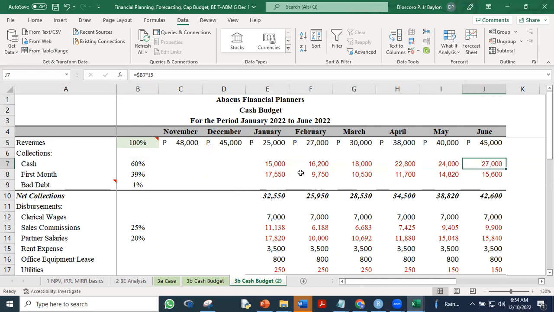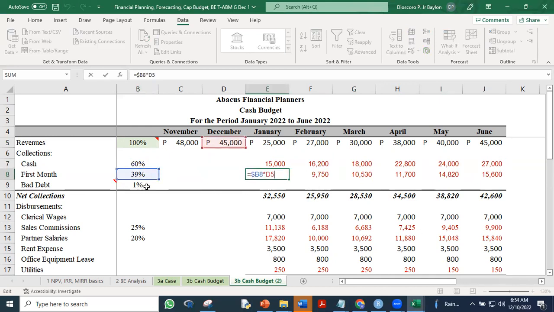So this is the collection during the month itself. Okay, then how about the 39%? The 39% is a collection based on the sales of last month. So for January, we have this 39% times the sales of December. So that's B8 multiplied by D5.